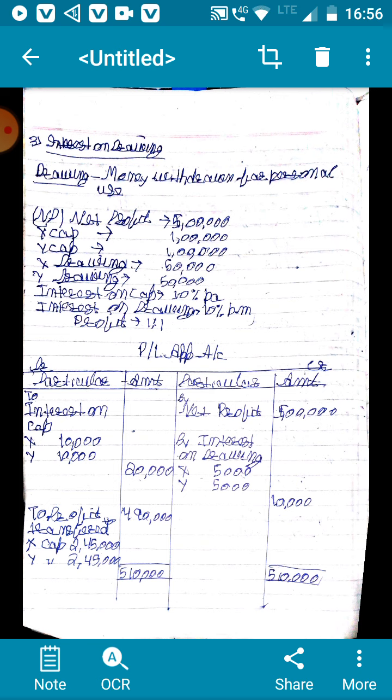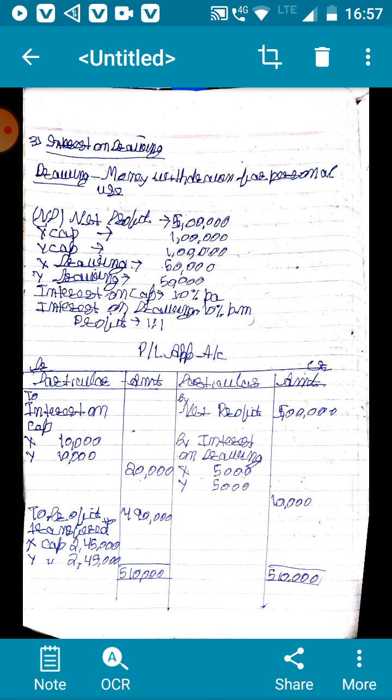So 10% on 50,000 is equal to 5,000. 5,000 on the drawings of X and 5,000 on the drawings of Y, because 50,000 drawings of X into 10% is equal to 5,000, and it is the same in the Y case.